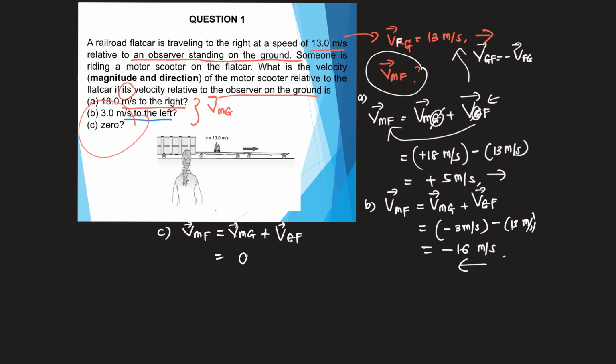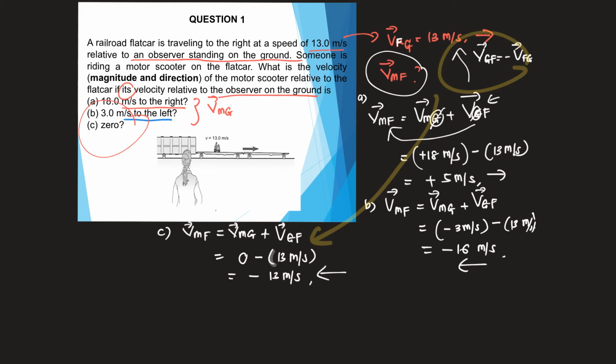And here we are going to put a negative, like I mentioned before, and the value is positive 13 meter per second. So you are going to get negative 13 meter per second, moving to the left.